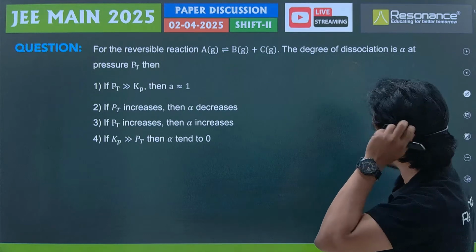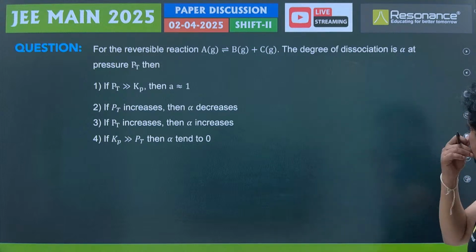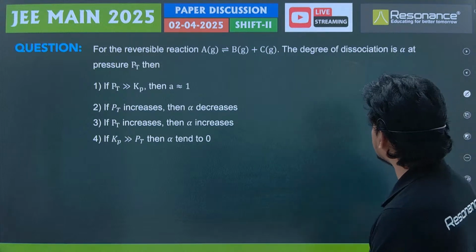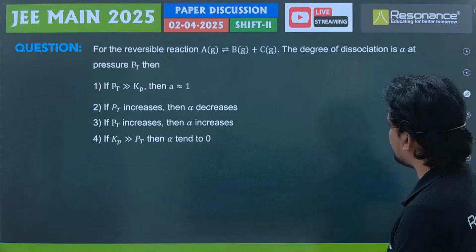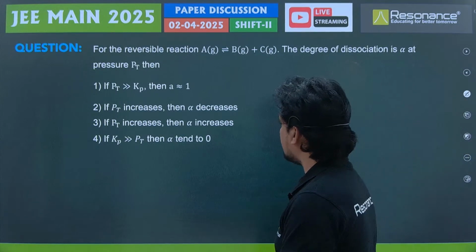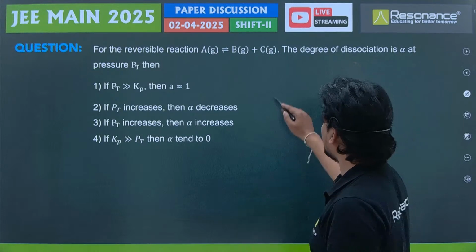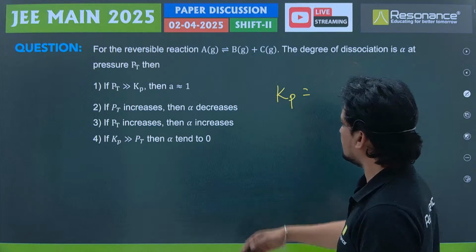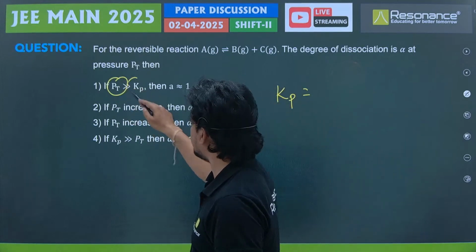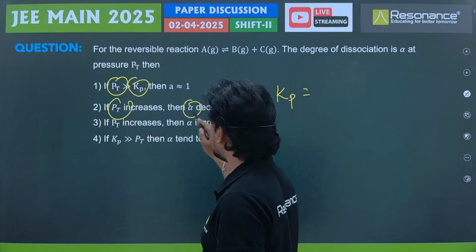Okay, for the reversible reaction, A gas is in equilibrium with B gas plus C gas. The degree of dissociation is alpha at pressure Pt. They have given the Kp, Pt, alpha relations.